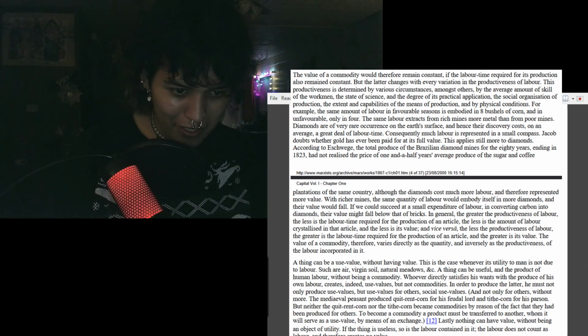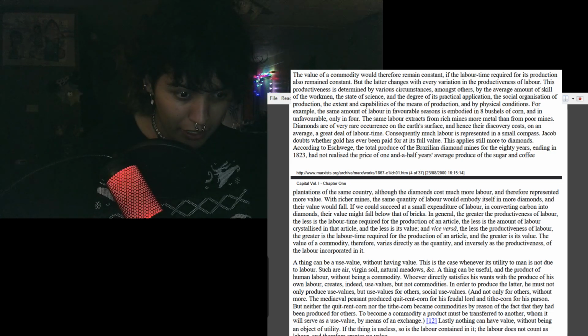The extent and capabilities of the means of production are also determined by physical conditions. For example, the same amount of labor in favorable seasons is embodied in 8 bushels of corn, and in unfavorable only 4. The same labor extracts from rich mines more mineral than from poor mines. Diamonds are a very rare occurrence on the Earth's surface, and hence their discovery costs on average a great deal of labor time.